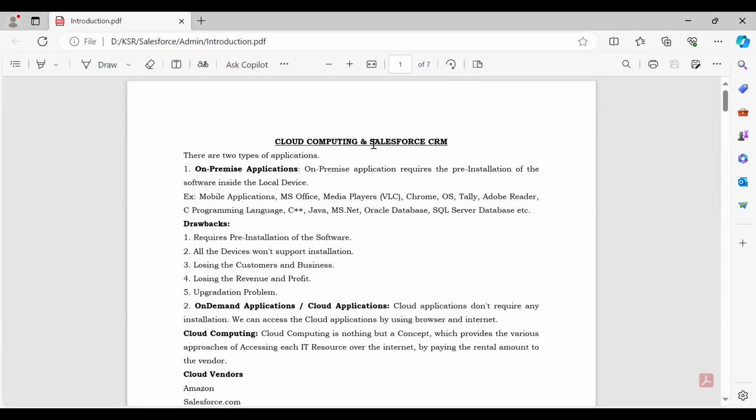And we came to know that Salesforce is a CRM application. So now let us discuss the introduction to cloud computing and Salesforce CRM in today's session.